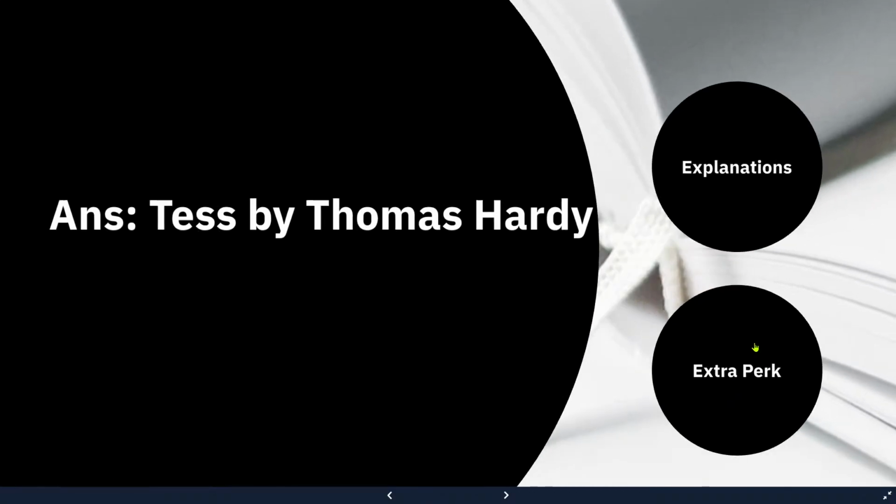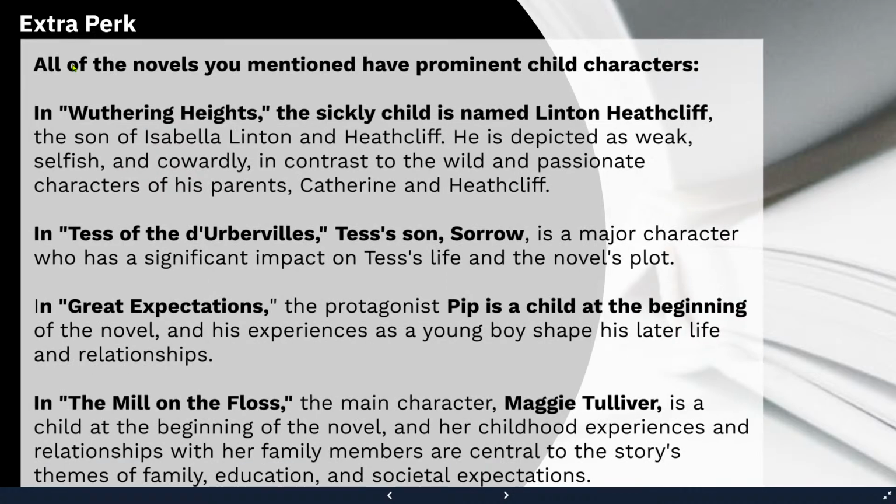And here, remember, all of the novels that we have mentioned have a prominent child character. In Wuthering Heights, the sickly child is named Linton Heathcliff, the son of Isabella Linton and Heathcliff.